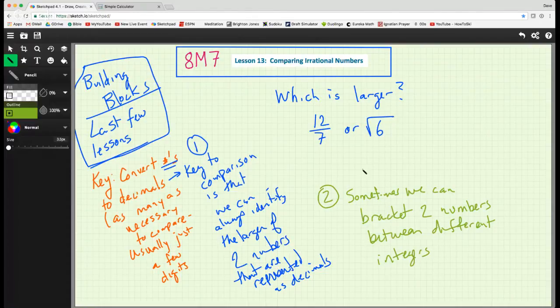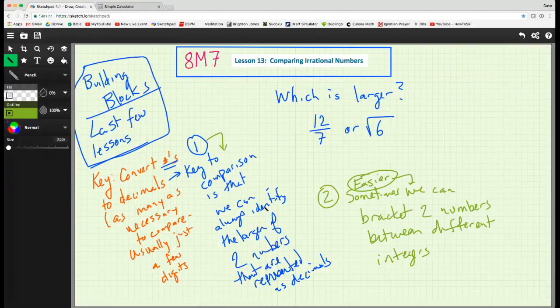So if we can do this, this is usually easier. So if we can identify that two numbers that we're comparing are between different sets of integers, we can easily compare them. But this is the tried and true: we can always convert two numbers into decimals and then identify which one's larger.